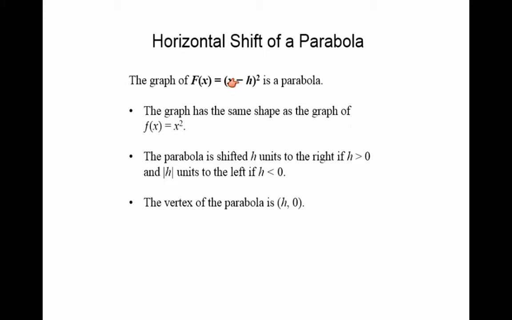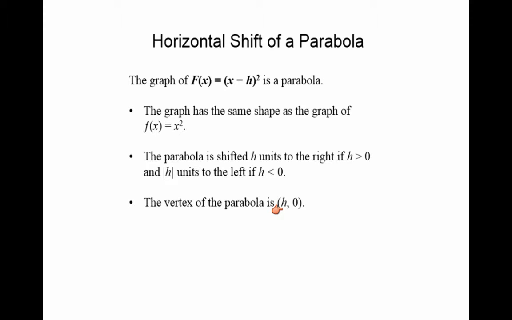Notice that this is a general equation of the parabola, and this minus is part of the formula. The graph has the same shape as the graph of f of x equal to x to the power of 2. The parabola is shifted h units to the right if h is positive, and absolute value of h units to the left if h is negative.